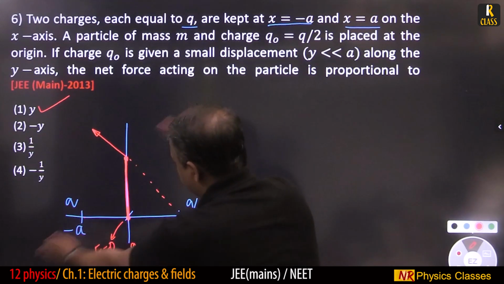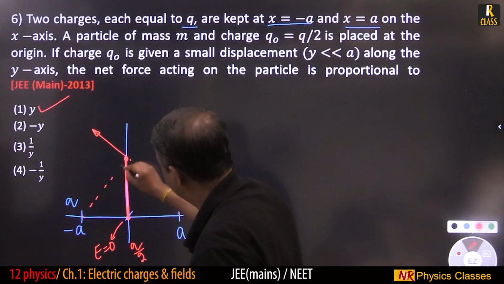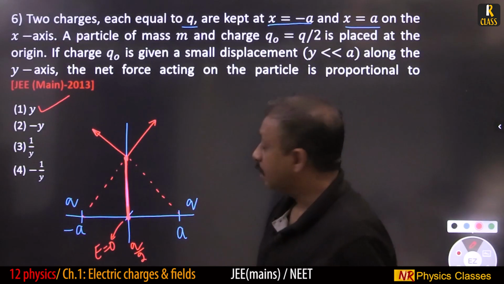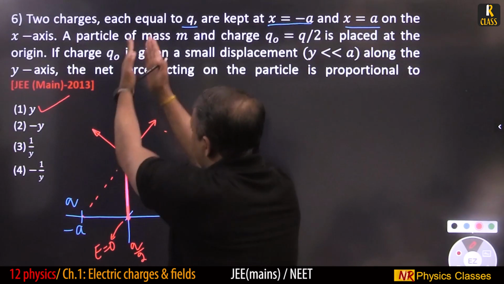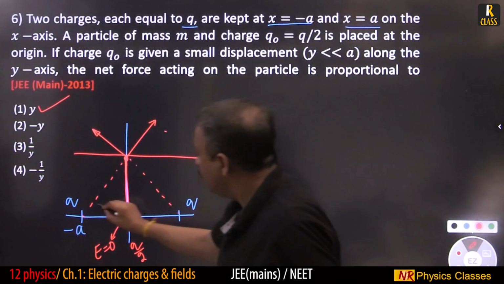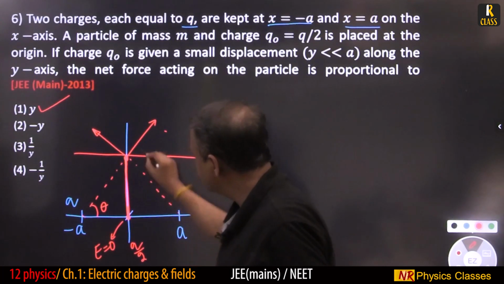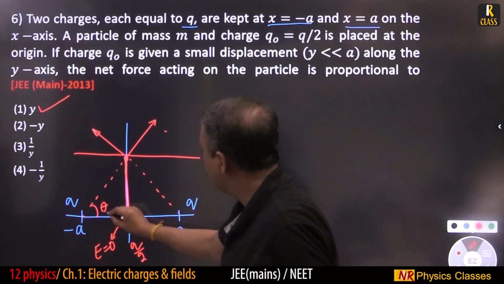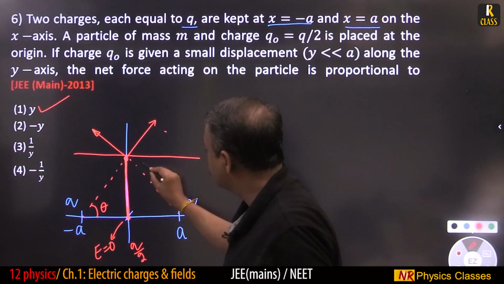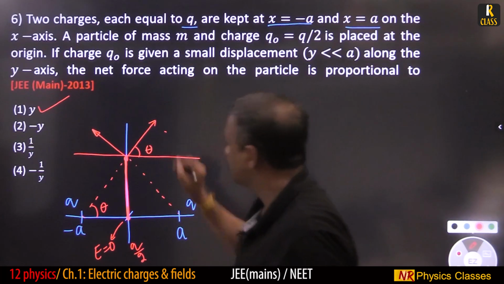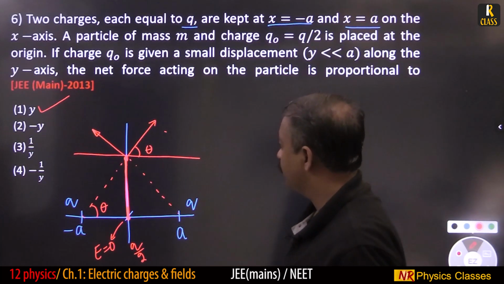Now, the resultant of these two will be along the y-axis. This is the reference line. If this angle is theta, then this angle is theta. Which is theta? This angle is theta. Corresponding angles.